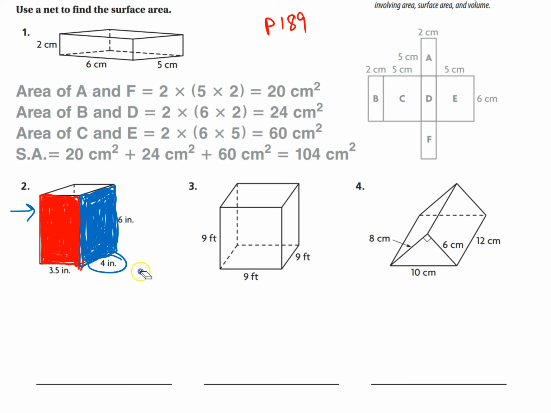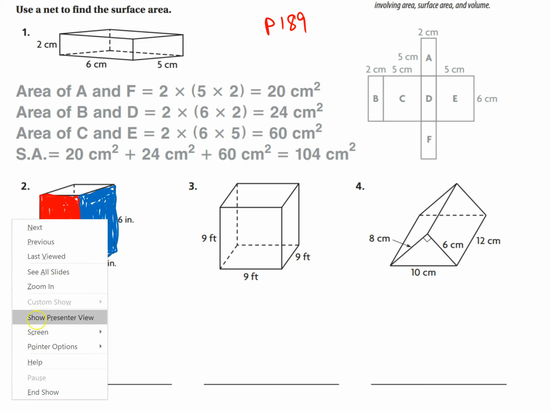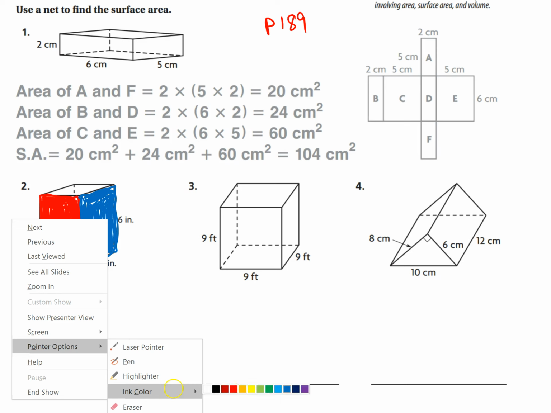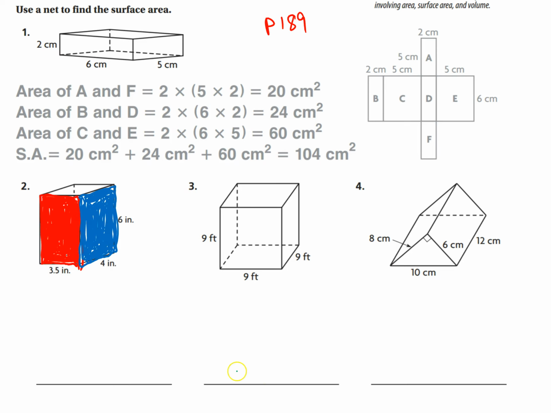And then lastly, we need to get the area of the top and the bottom. So lastly, I am going to find the area of this rectangle up here. And this line right here is going to be 3.5 inches, and this line right here is 4.